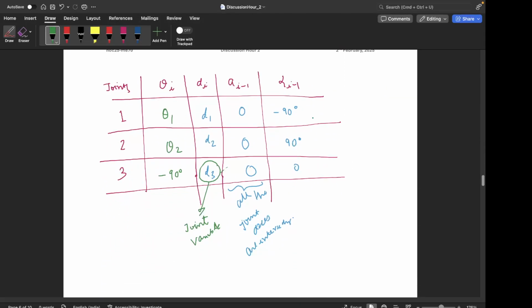So this sums up the DH table for this system.